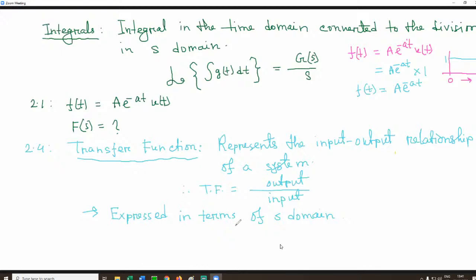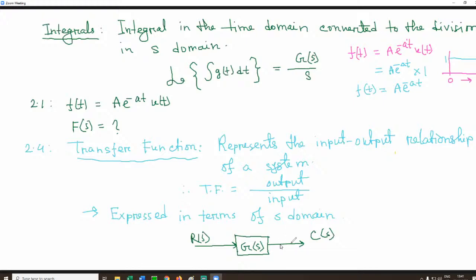And you know that we have the open loop system. The open loop system is something like this. It has a system, represented by the block G(s), and it has an input R(s) and an output C(s). There is no feedback in an open loop system.